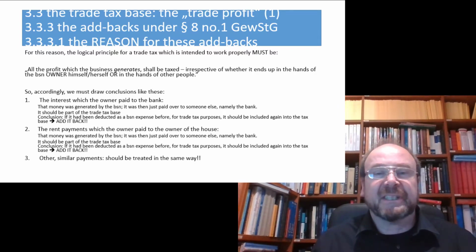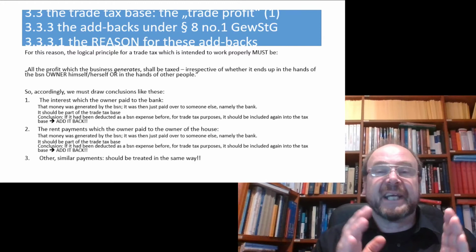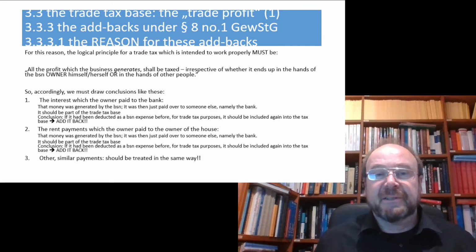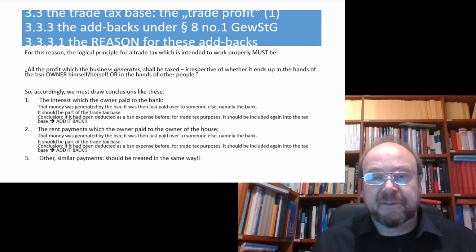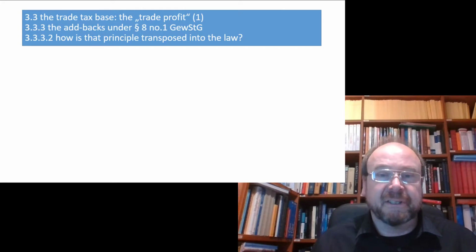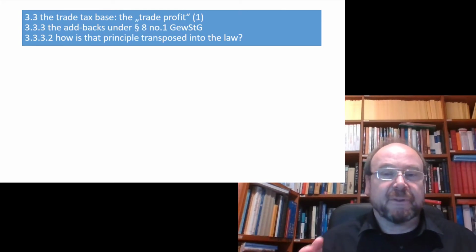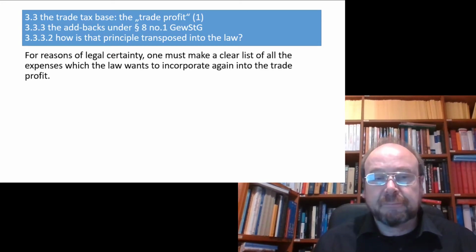You can always generate expenses which you pay over to others, and so you could always shift that money from the taxable sphere, the business, to the hands of some other people who are not subjected to trade tax payments. And that is why the expense deduction is blocked then for trade tax purposes.